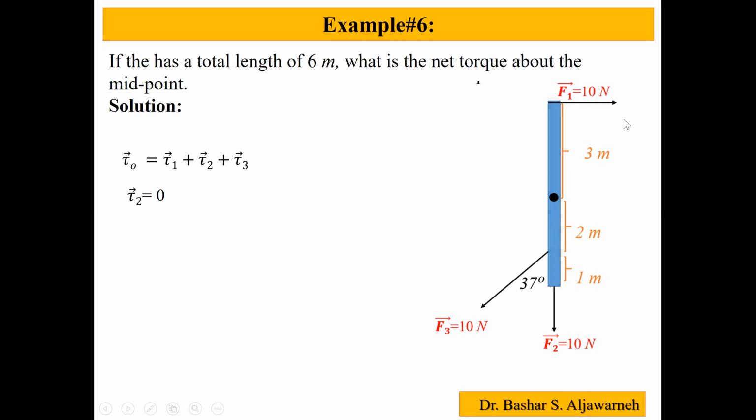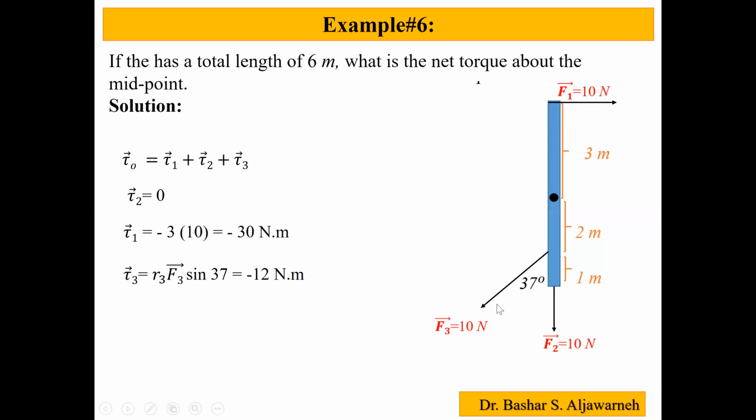Since F1 is already perpendicular to R, it will be F1 times the distance, which is 3. So it will be 30 newtons. But here you can see the direction of the torque due to F1 is clockwise, so that's why it's negative.